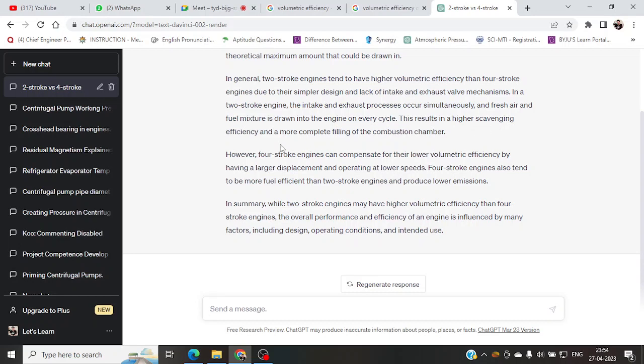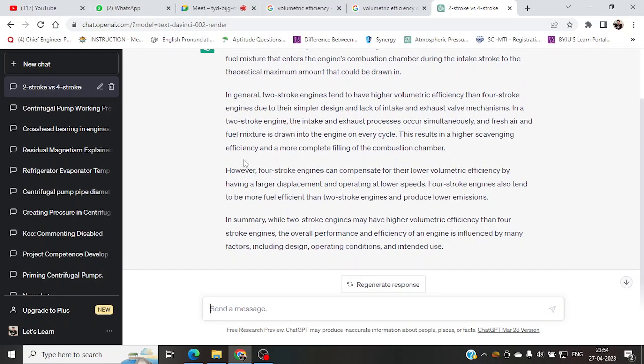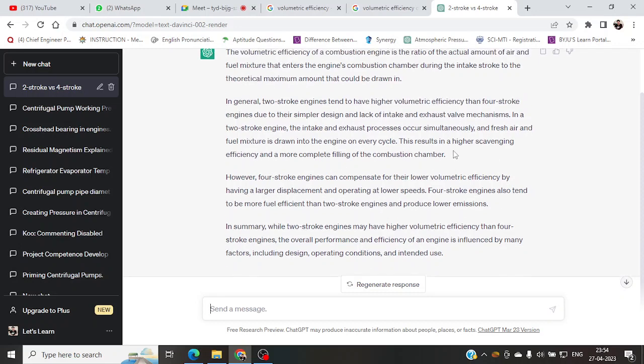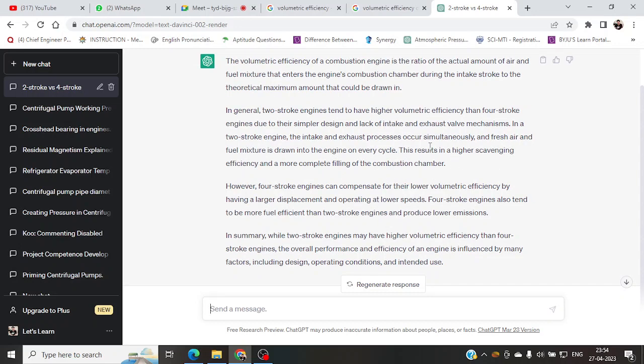This results in higher scavenging efficiency and more complete filling of the combustion chamber. More complete filling can be the reason, because better scavenging takes place in the case of four stroke. Okay. Yeah, since two stroke is a long stroke, two stroke engines are long stroke engines.